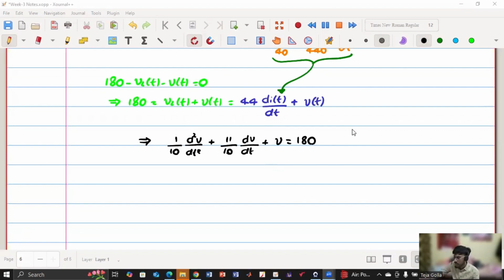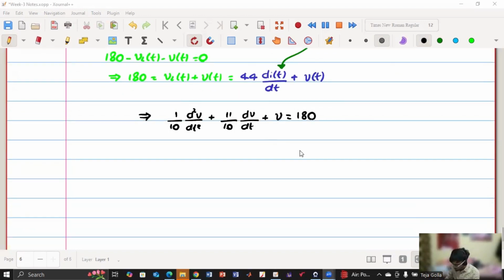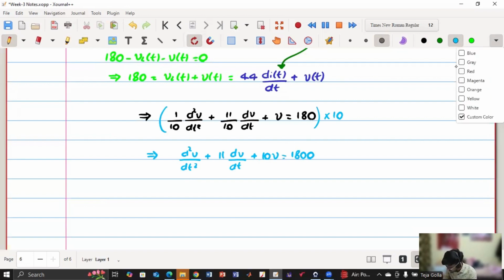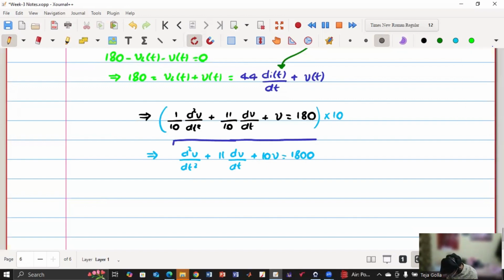Now let us multiply by 10 on both sides: d square v of t by dt square plus 11 dv of t by dt plus 10 into v of t is equal to 1800. Now we got the differential equation, and we have to solve it.